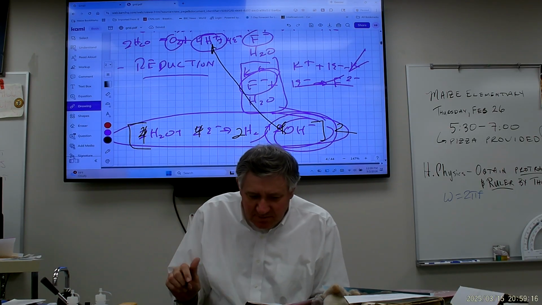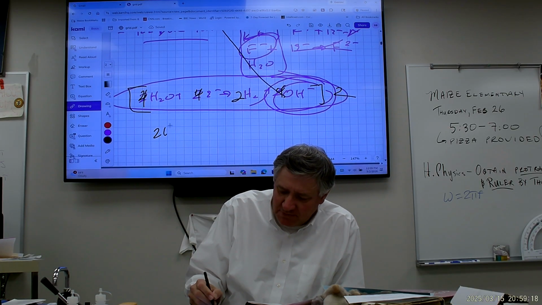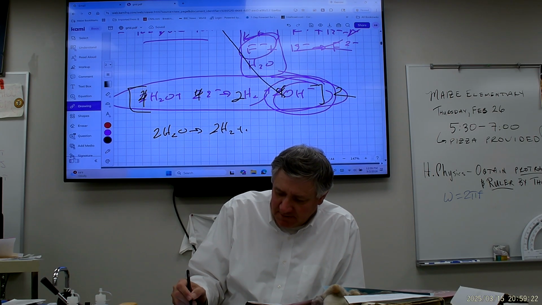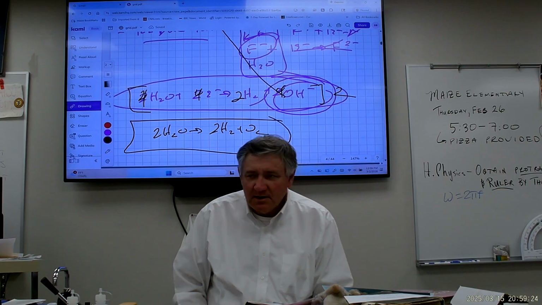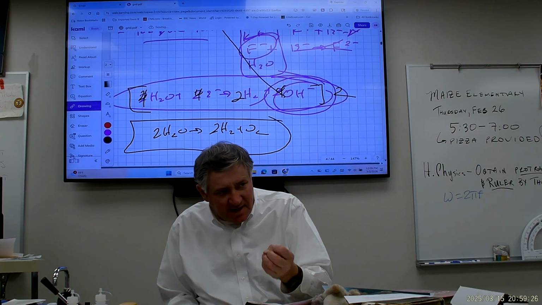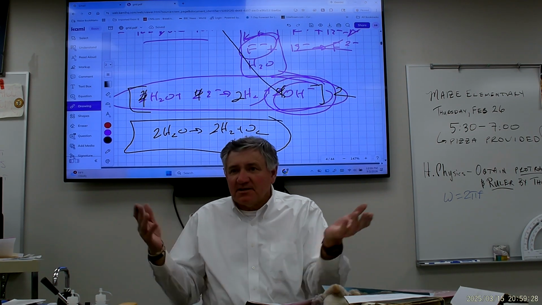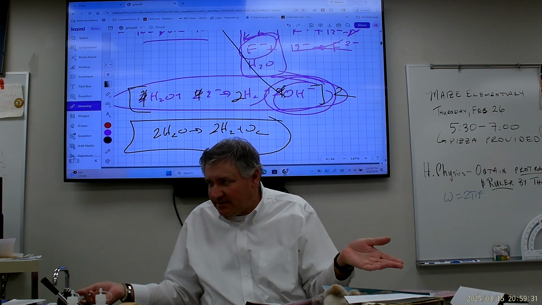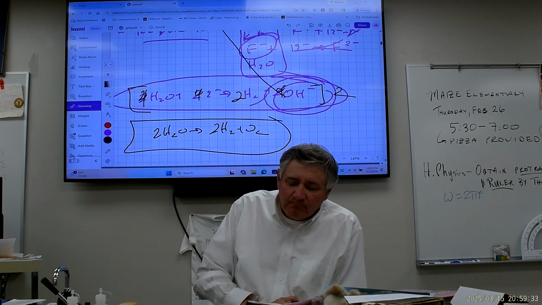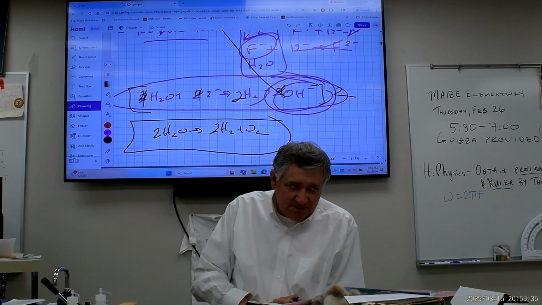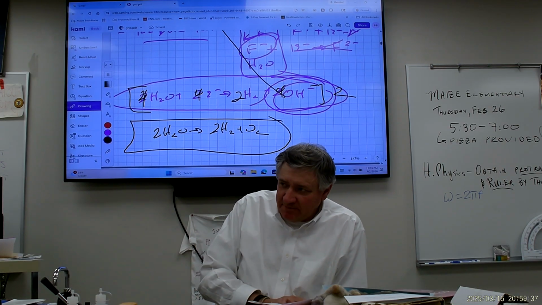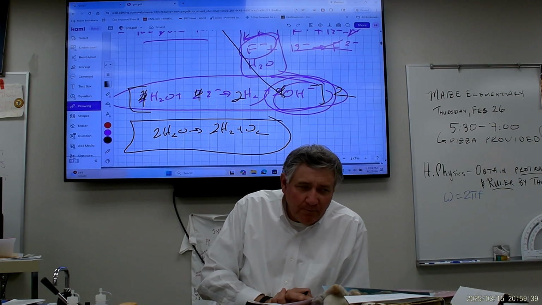So, at the end of the story, here's what you got. You have 2H2O yielding 2H2 plus O2. So if water is both reduced and oxidized, basically you take water and you split it up into hydrogen and oxygen. Now, this takes an input of energy, which is cool.